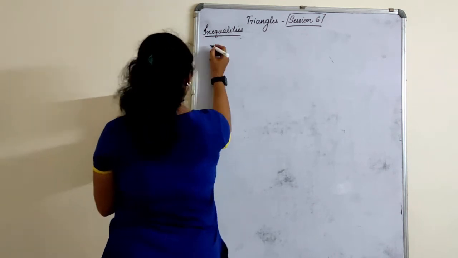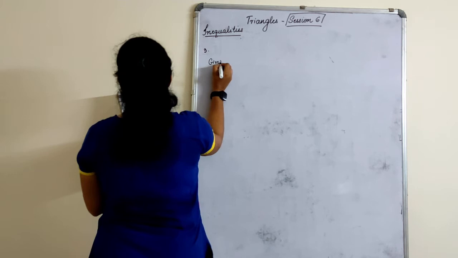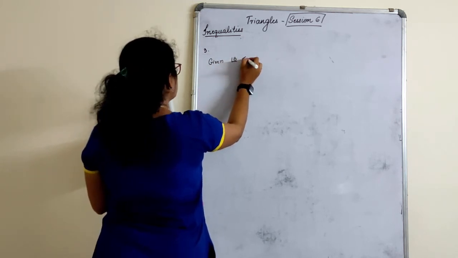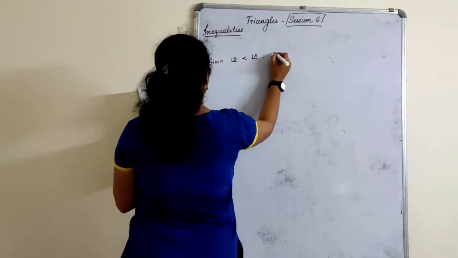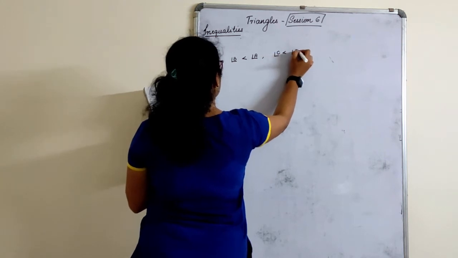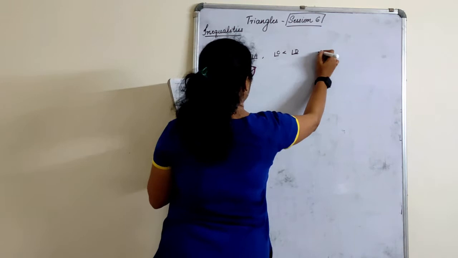So in figure, third one, given angle B is less than angle A and angle C is less than angle D. Show that. Let us first draw.